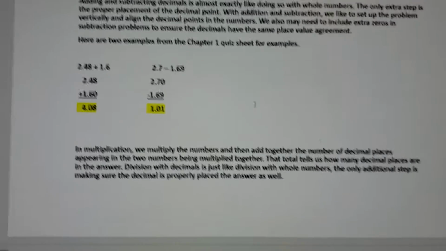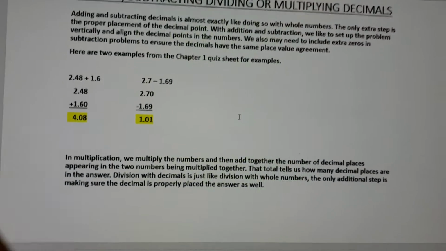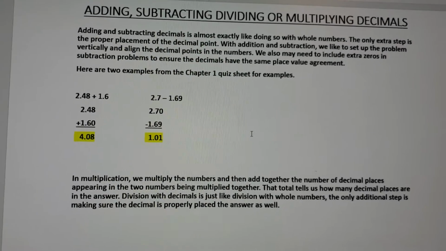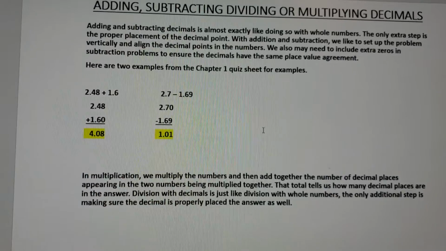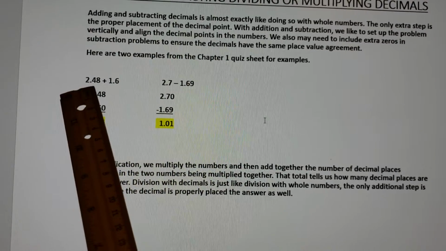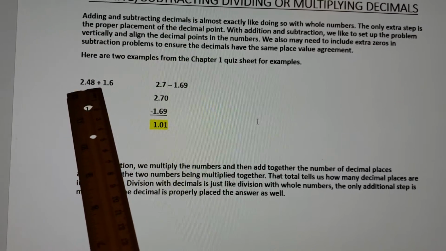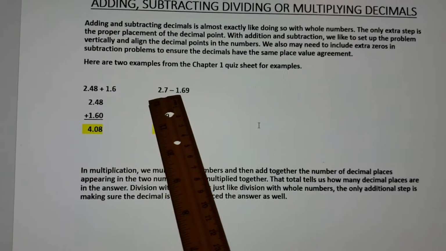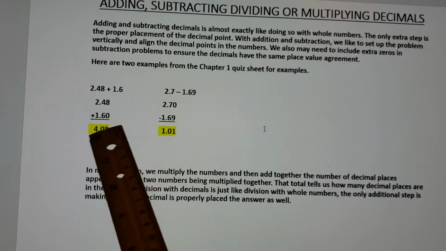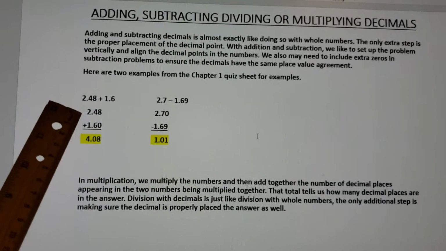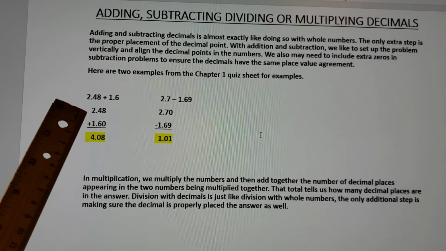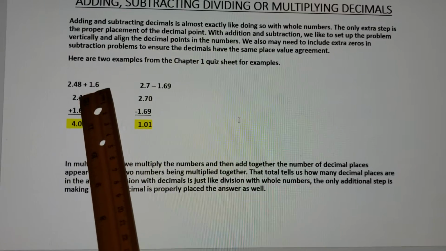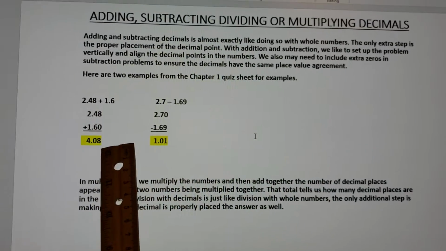The next problems that I picked were adding and subtracting decimals. I picked the problems 2.48 plus 1.6 and 2.7 minus 1.69. Basically what you want to do here is rewrite your problem to where it's a vertical problem and all the decimal places line up correctly.